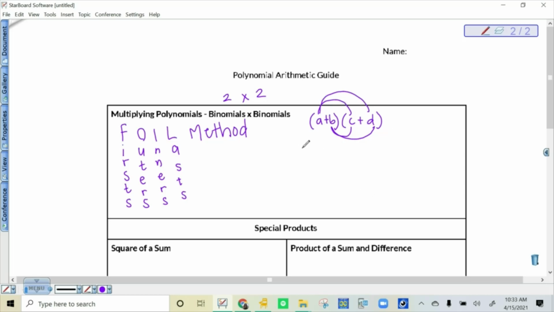And it becomes AC plus AD plus BC plus BD. You just add them all up, and then we always need to combine like terms to simplify.